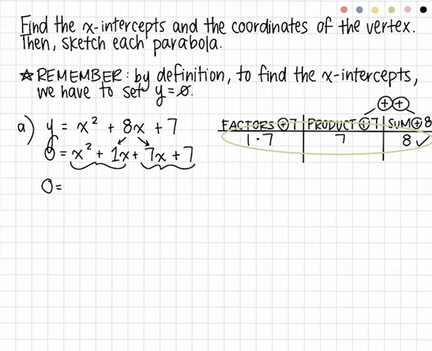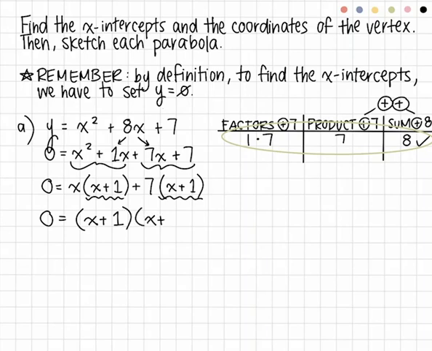I can pull out an x, and I'll be left with x plus 1. In my next set of terms, I have 7, and then x plus 1. And there I have created my common binomial.